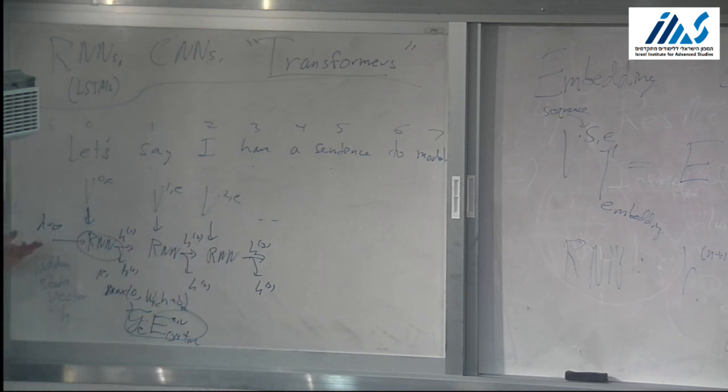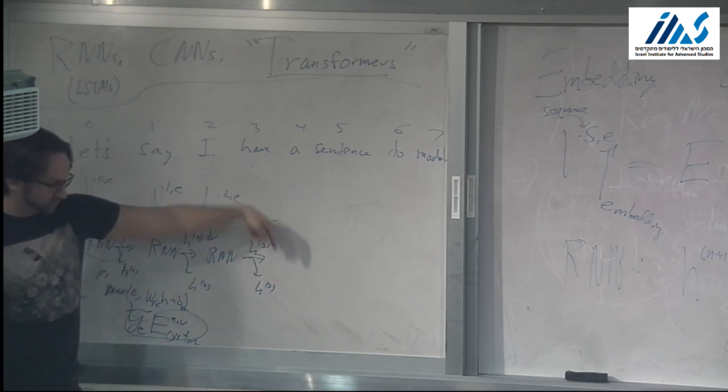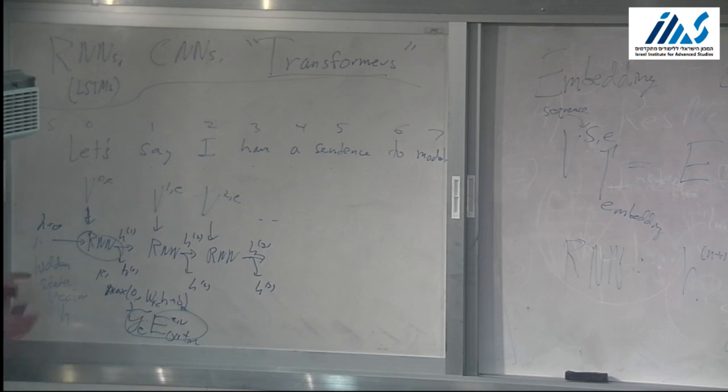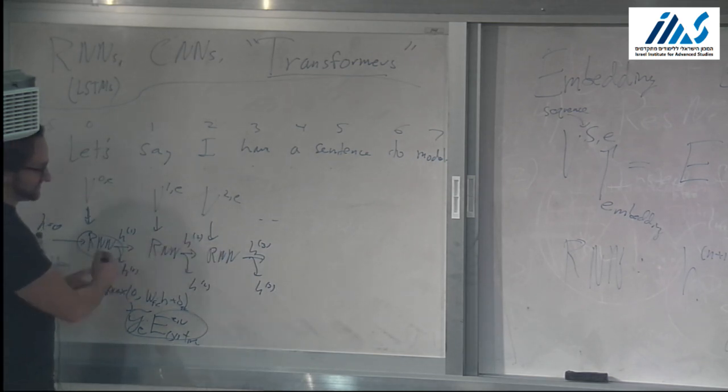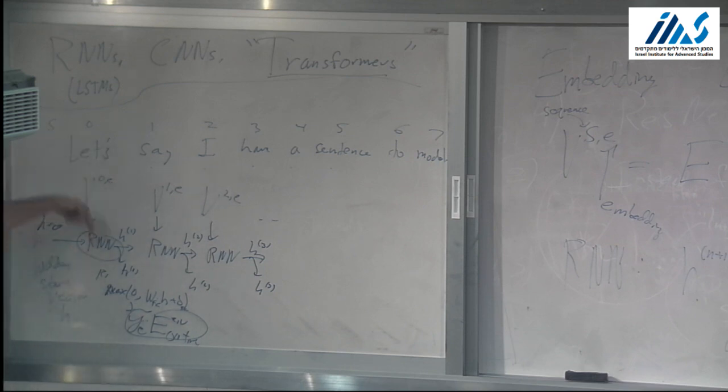Whatever information propagated in from here then gets processed many, many times before it is used to make a prediction. So the number of layers is equal to the length of the sequence in this direction, but in the other direction it's basically one, except for this embedding.